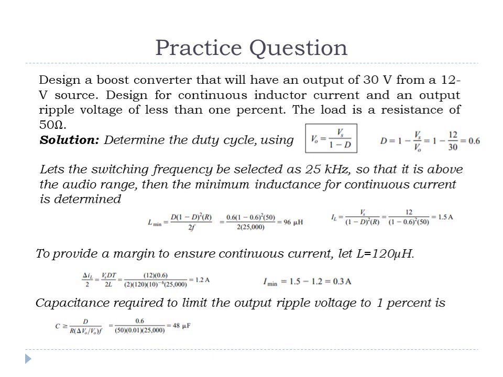You can also select a higher value which is more than 48 microfarad. So L minimum calculated from the equation, and C minimum, are the critical values. Usually we select higher values of L and C in the circuit. Thank you for listening.